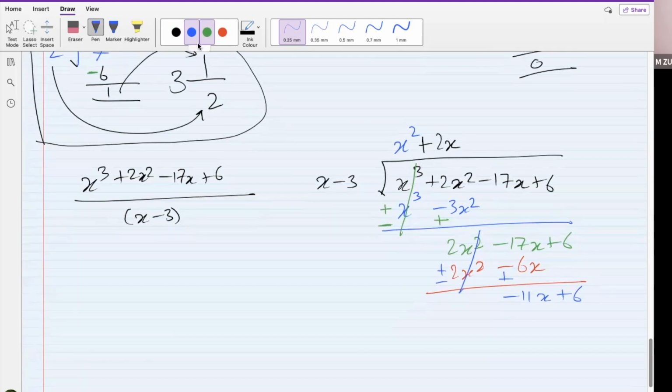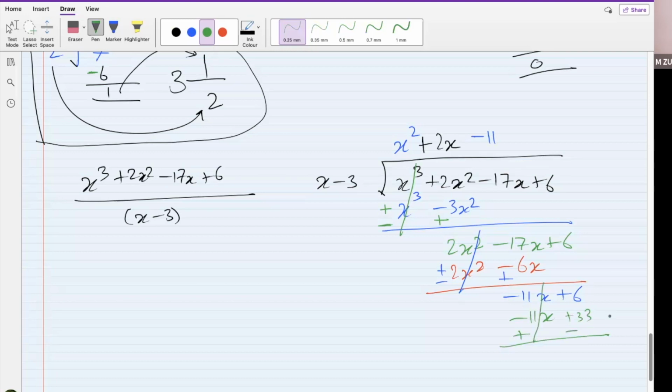Keep going till the end. So if we multiply it with negative 11, x into negative 11 is negative 11x, and minus 3 into 11 is plus 33. You change the signs and subtract.